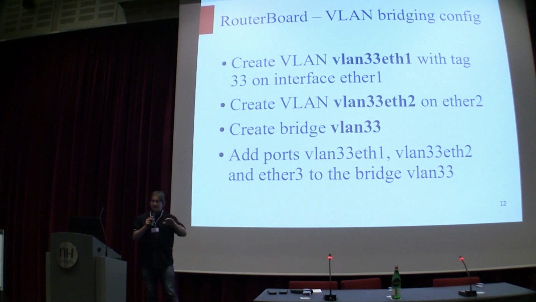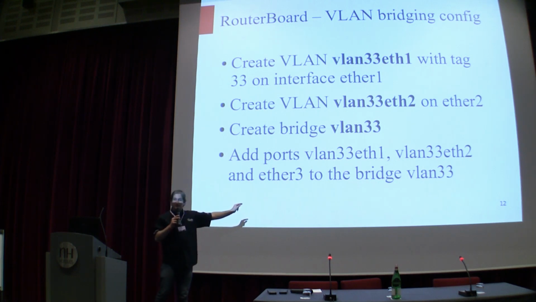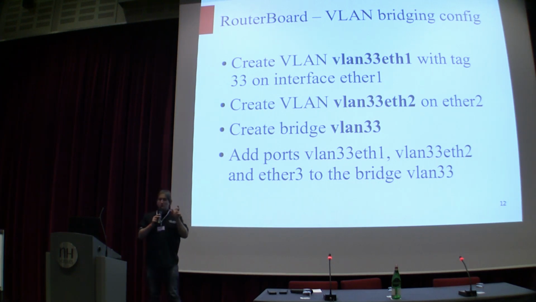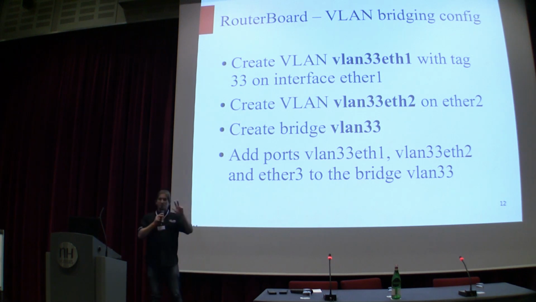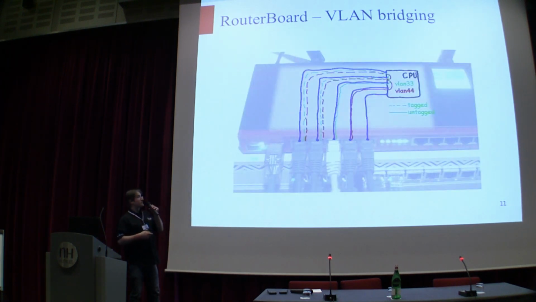I create a similar VLAN interface on Ether2, and I create a bridge interface called VLAN 33, and I put all three ports, VLAN 33 on Ether1, VLAN 33 on Ether2, and the Ether3 untagged port, into the bridge called VLAN 33. This is how I bridge VLAN 33 using the CPU. And I must, of course, do the same for the second VLAN.